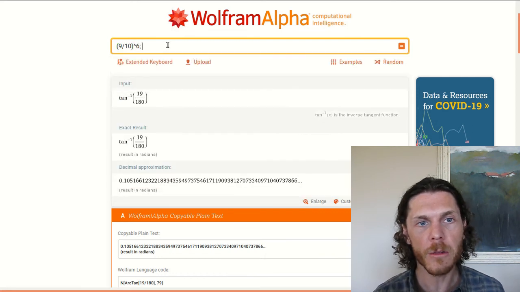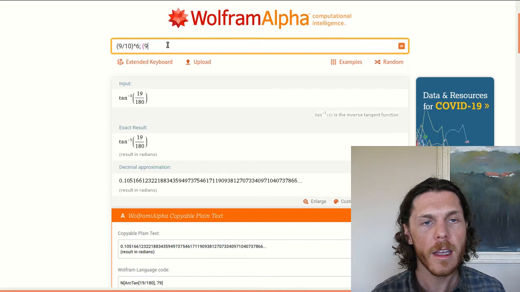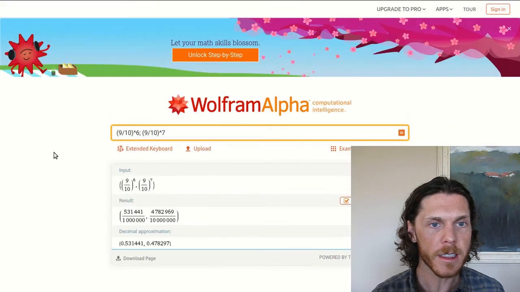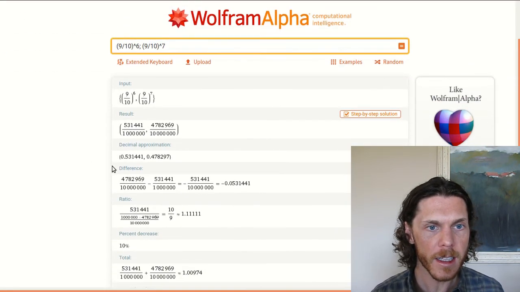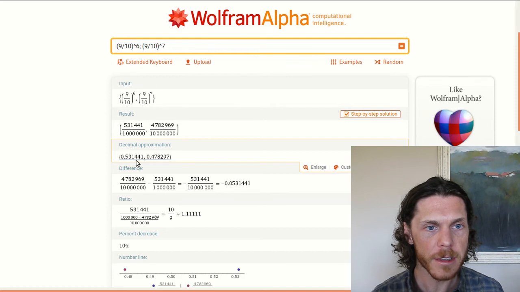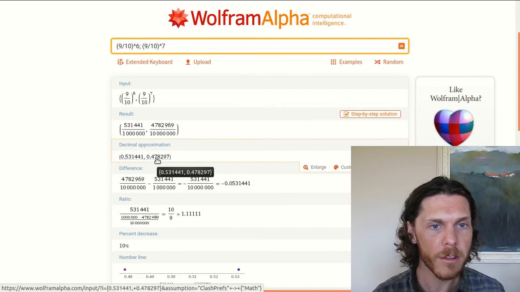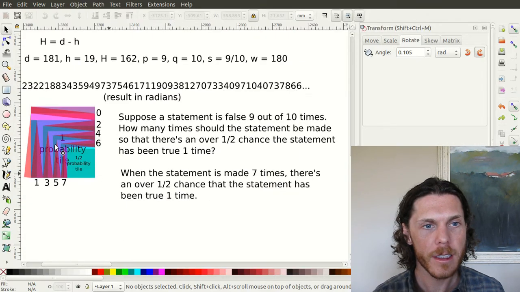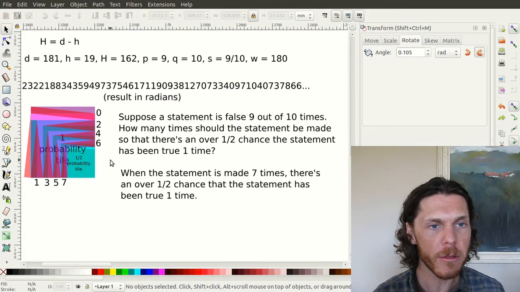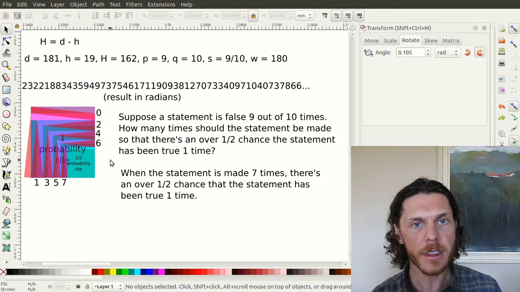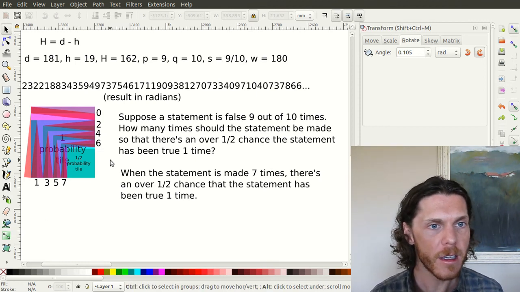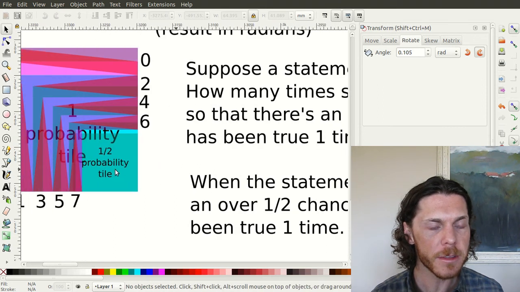So now putting this into Wolfram to see if we're right. So 90% to the 6 and 90% to the 7. And yeah, that's when the transition happens from over 1/2 to under 1/2. So we did that with tiling geometry by using the appropriate rectangle's scale symmetry.